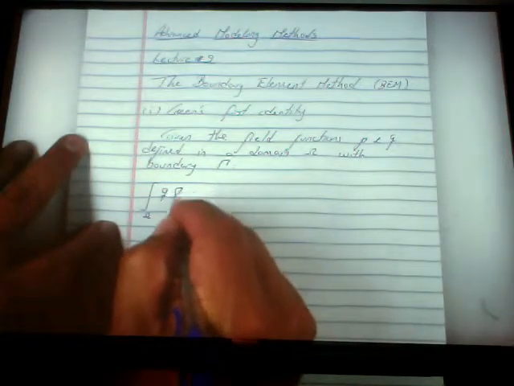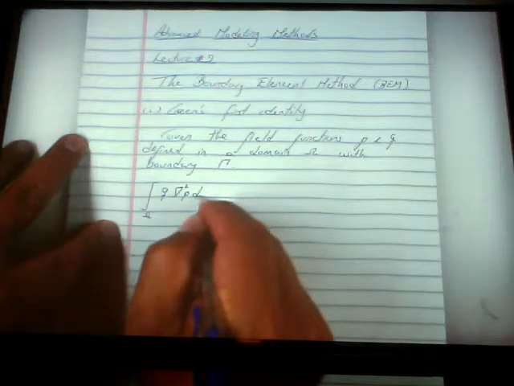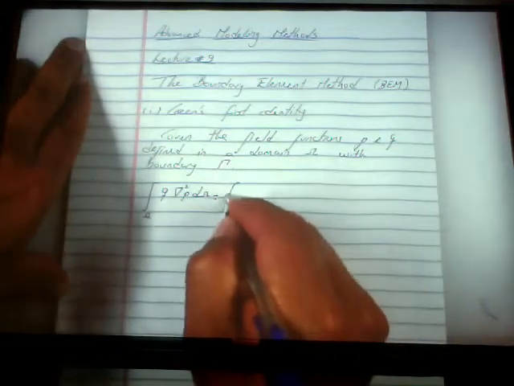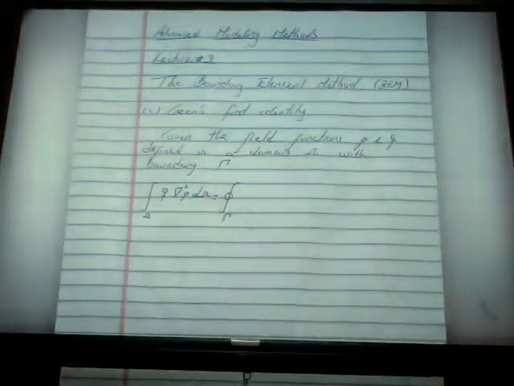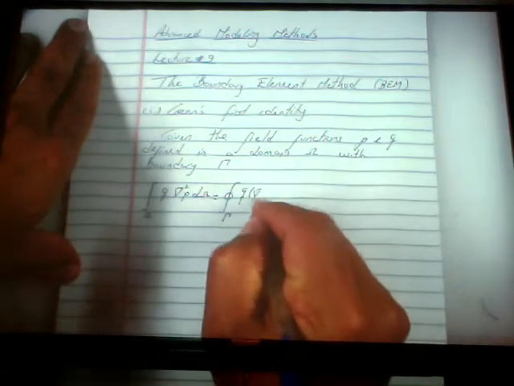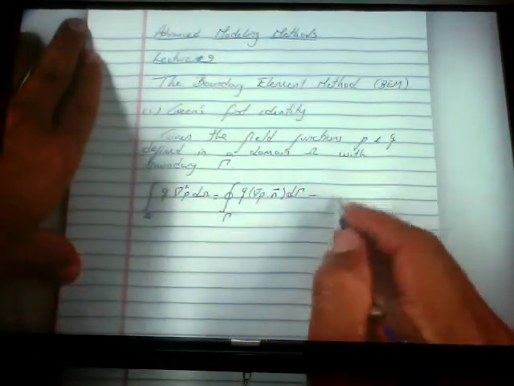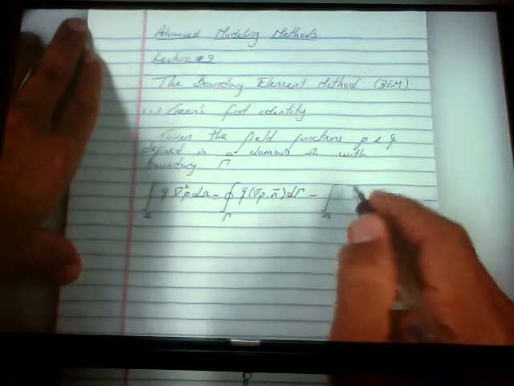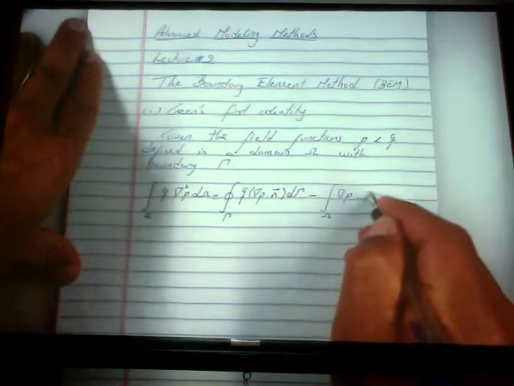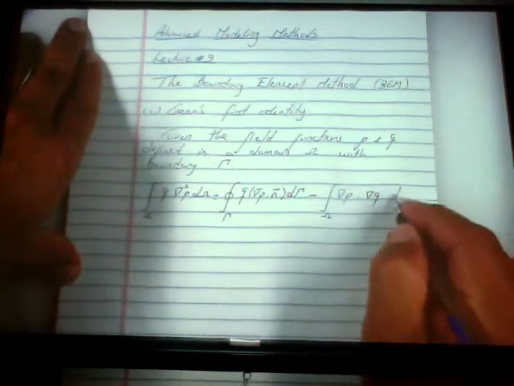The integral of Q times the Laplace of P over the domain, whatever that domain is, is equal to the contour integral over the boundary of Q times the gradient of P dotted into the normal vector, d gamma, minus the integral over the domain of grad P dot grad Q, d omega. And this is Green's first identity.